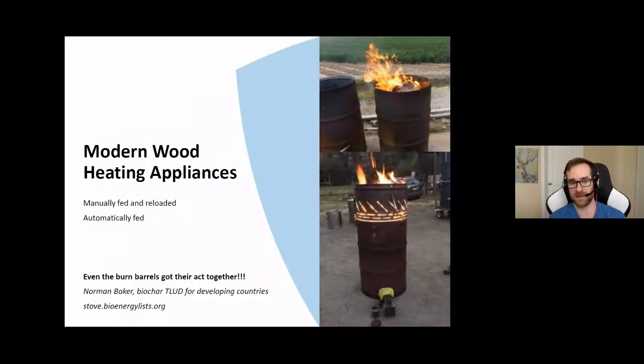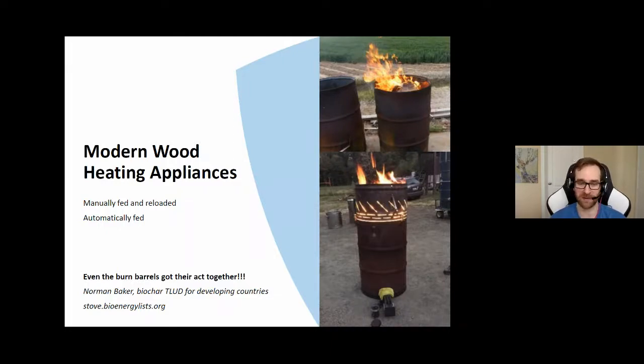Now we're going to look into the manually fed modern wood heating appliances, and I'd like to point out that even the burn barrels got their act together. This is a welded barrel used in developing countries.